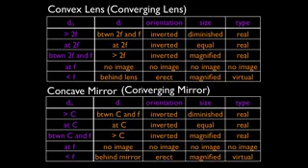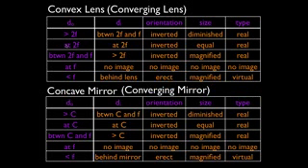And you should notice that the answers, the stuff in this gold color, the answers are exactly the same for the convex lens and the concave mirror. For example, when the object is at C, the image is at C, it's inverted, it's the same size, and it's real.